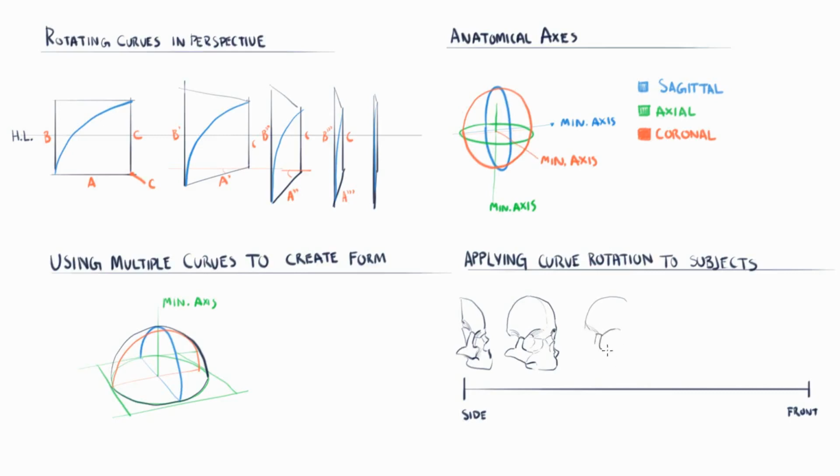The coronal view is predominating the silhouette more and more as we continue to rotate. And the degree of those ellipses in the eye sockets is getting wider, as well as on the nasal bone. You can use certain elements like the sutures in between the skull bones to help indicate your minor axis and figure out some of the perspective.